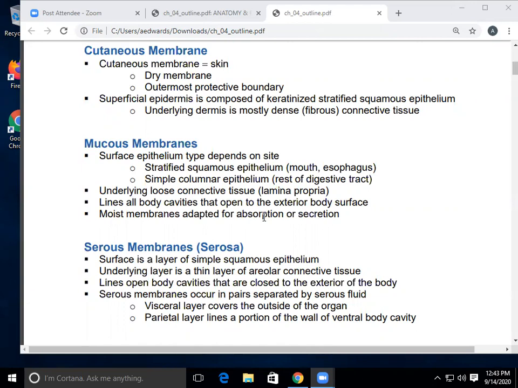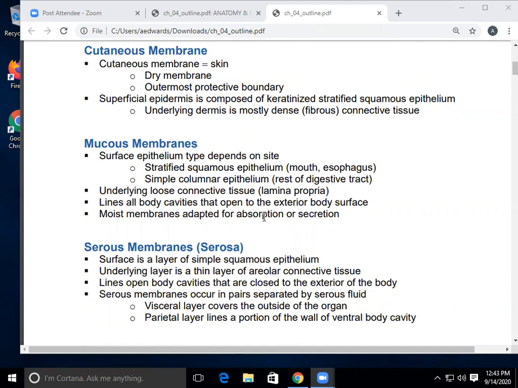You also have serous membranes, also known as serosa. Here, the surface of that serous membrane is a layer of simple squamous epithelium, so 1 layer of flat cells. The layer underneath that, or deep to that, will be a layer of areolar connective tissue.